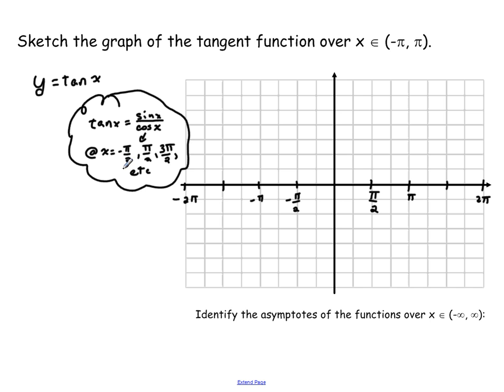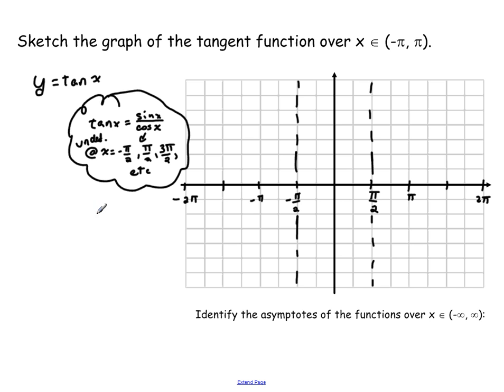What will we say? Well, anywhere where these things occur, tangent of x is undefined at these values. That is, these are the vertical asymptotes, so negative pi over 2 and positive pi over 2 are values among those numbers that make the function undefined.